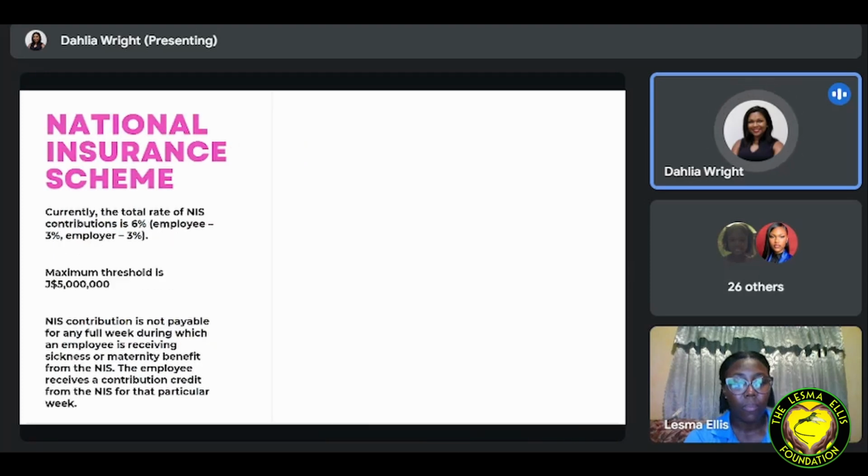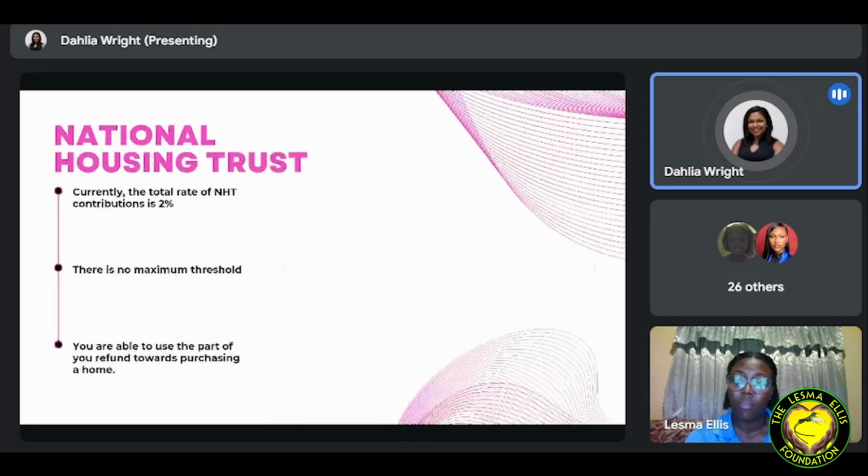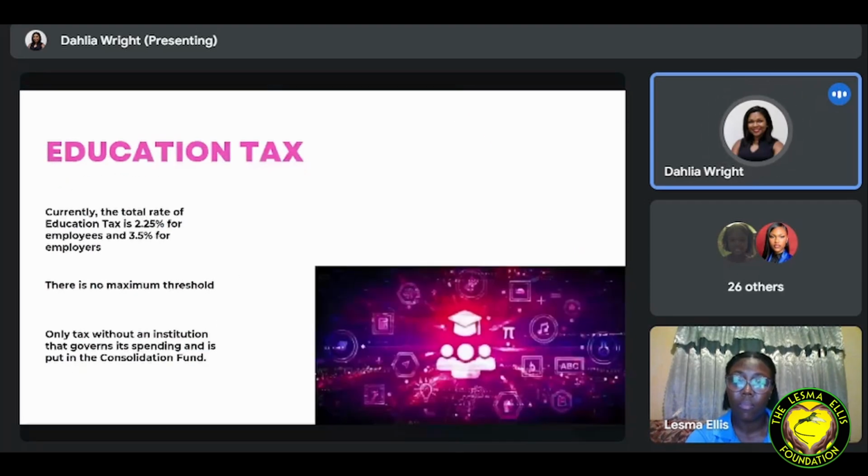So the national insurance is 6% total. The National Housing Trust is 4%. It's not here, but the employee portion is 2% as well, and the education tax is 5.75%.